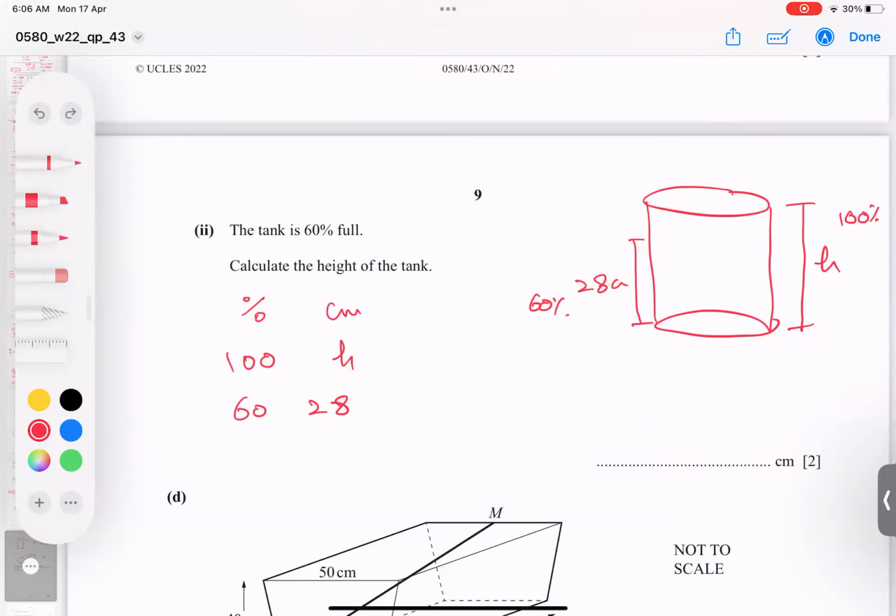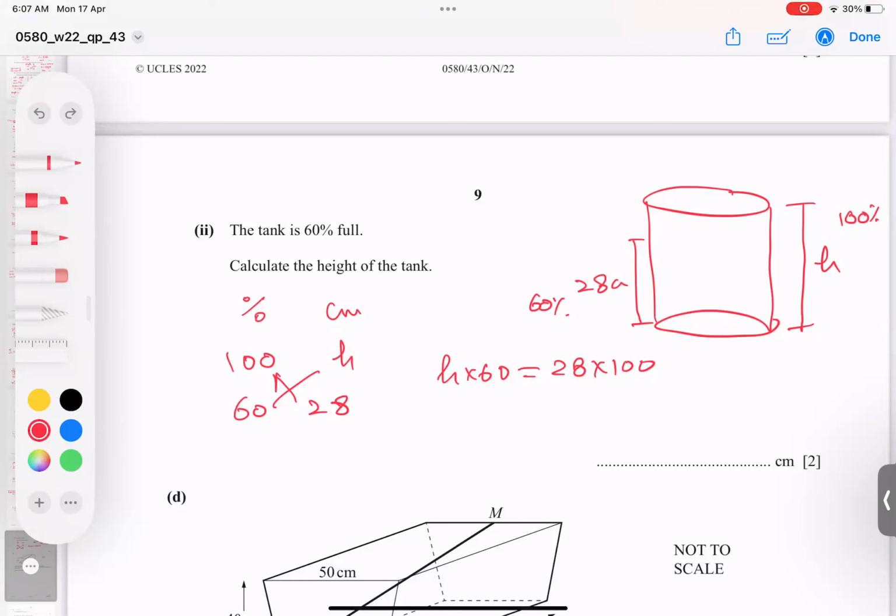I hope you got the idea. So h times 60 equals 28 times 100. 60 will divide, and I get my answer: 28 times 100 divided by 60, and the answer is coming 46.6.